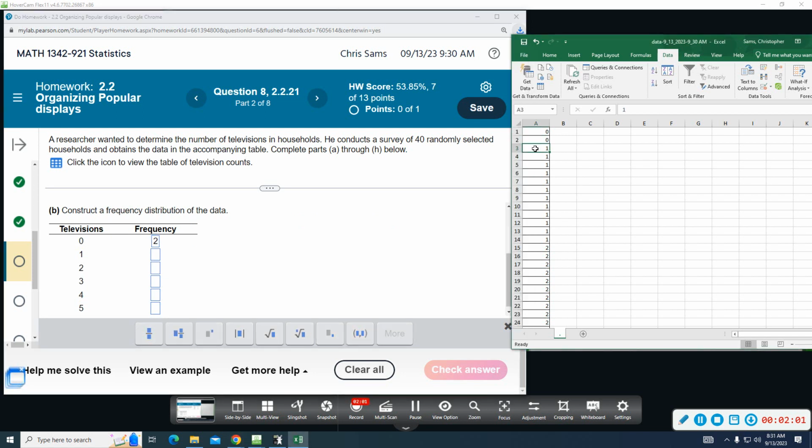So here's 1, 2, 3, 4, 5, 6, 7, 8, 9, 10, 11, 12. There's 12. All right, so I'm going to count the number of 2s starting on this one. 1, 2, 3, 4, 5, 6, 7, 8, 9, 10, 11, 12, 13, 14, 15. So 15 2s.